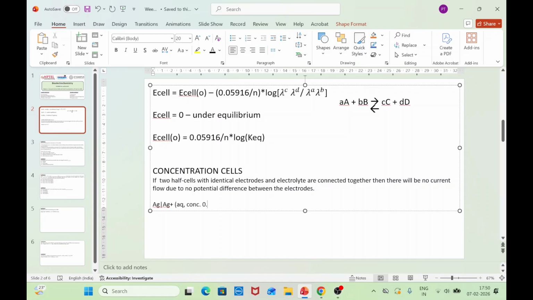Concentration, I'm going to keep this as 1 molar and this as 0.1 molar.